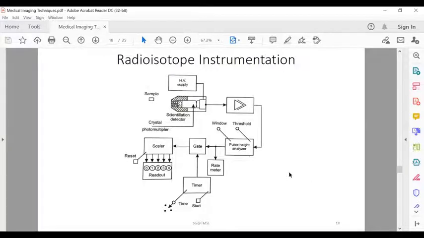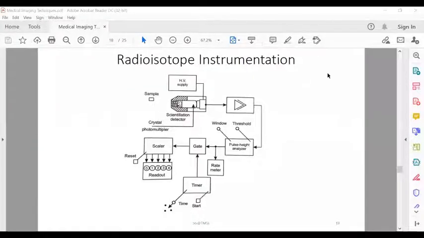And radiation therapy is another area of X-ray application. The ionizing effect of X-ray is utilized in the treatment of deep-seated tumors.